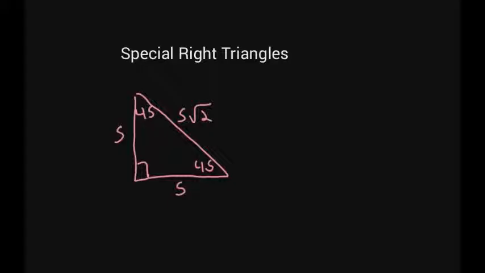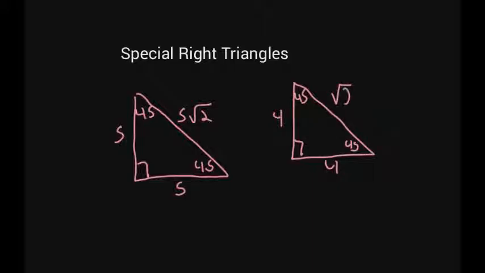So let's try this. Let's say I have a triangle that's 45, 90, 45, and I have a side length of 4. That means, based on that theorem, that this side length is going to be 4 and this side length is going to be 4 square roots of 2. So let's test that and make sure. If we put that in the formula, we'd have C equals the square root of 4 squared plus 4 squared.